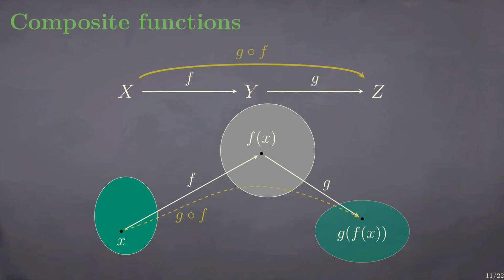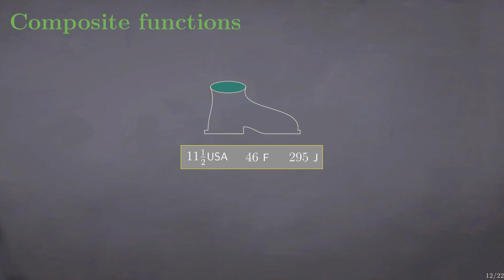To understand what a composite function is, let's take a look at a real-life example. Now, you might possibly buy a shoe once, right? And when we want to choose a shoe for ourselves, the first thing you need to consider is finding out the size that's the most suitable for you.